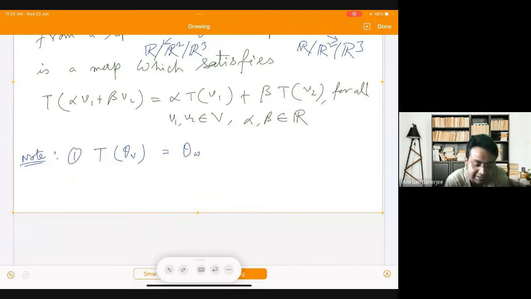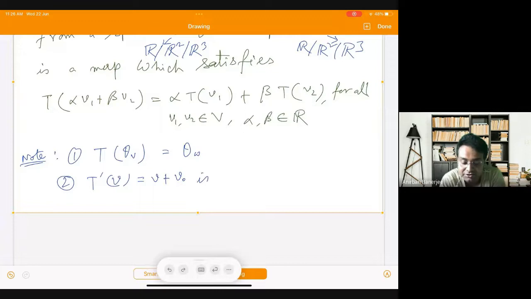Okay, if this is the case, then another important step, that if you take any vector, let's say you have a transformation T prime, and T prime, if we take any vector V, and it gives V plus some constant vector V naught, if this is the case, then it will not be linear.